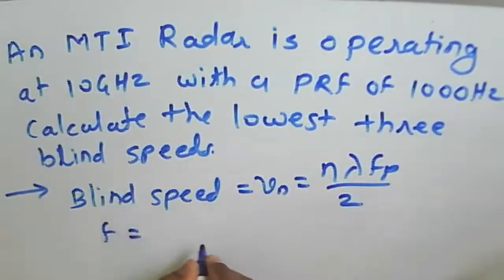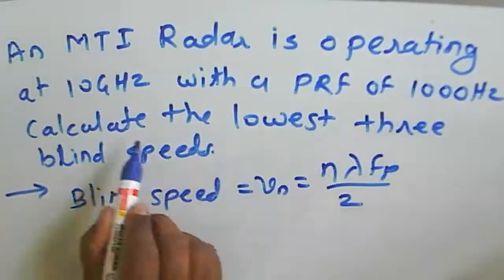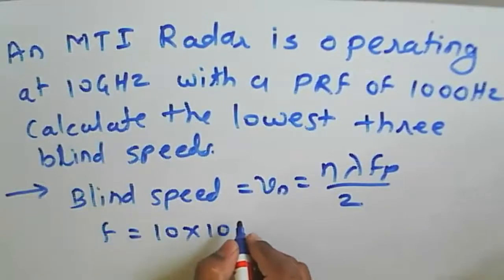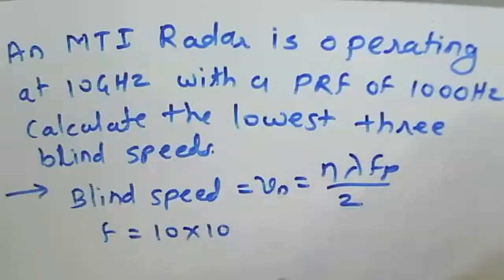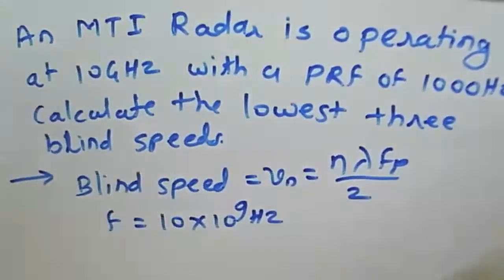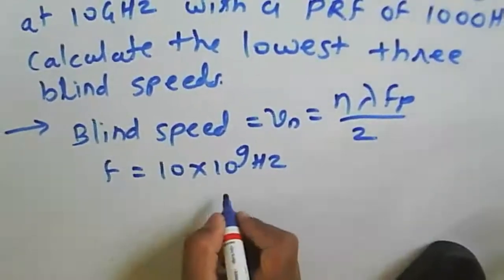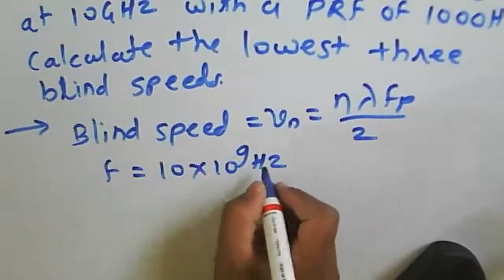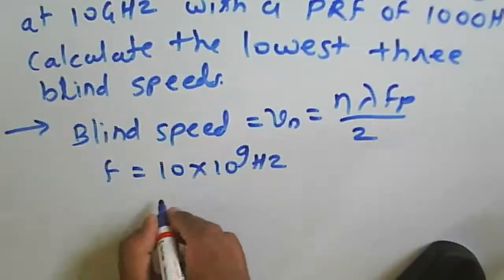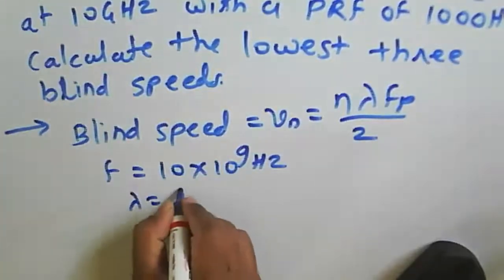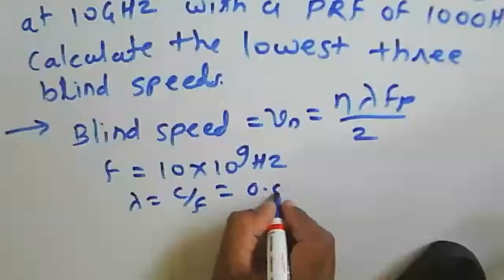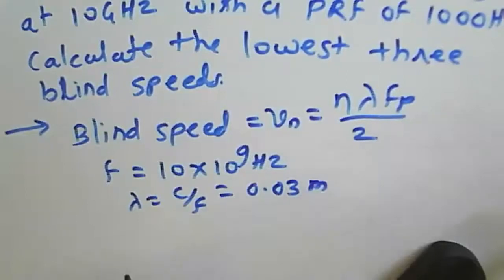The frequency is operating at 10 gigahertz, that is 10 to the power 10 hertz. We can calculate lambda equal to c by f. If I solve it, I get lambda of 0.03 meter.